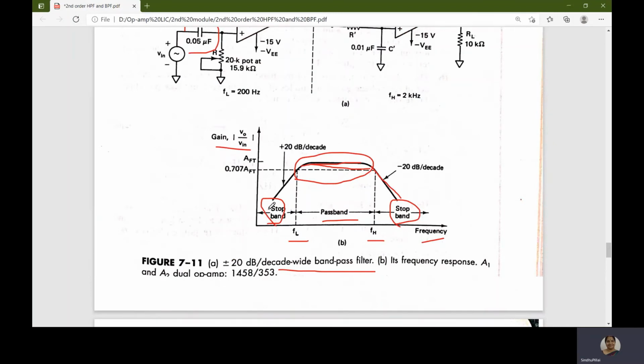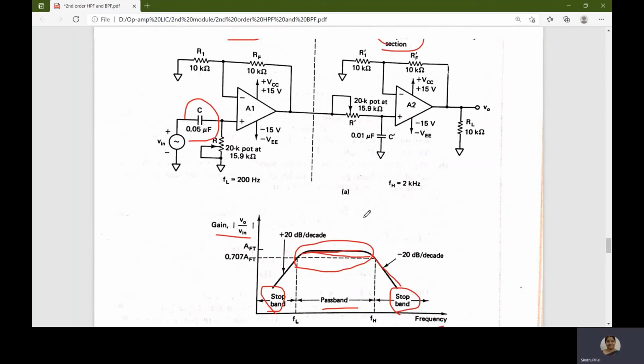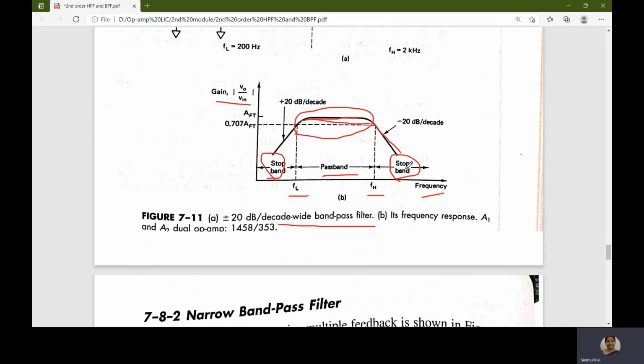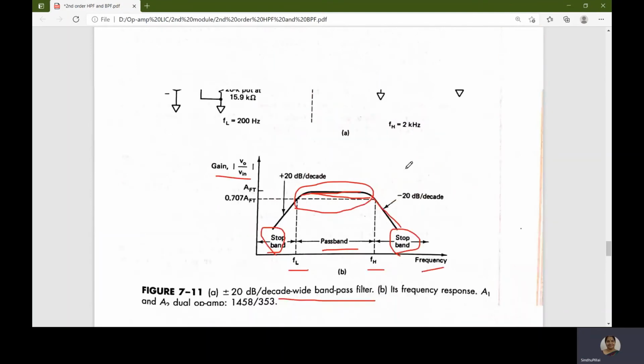The gain versus frequency response is shown here. And here, for the high pass the input is given to the capacitor, and the output from the amplifier A1 is given to the resistor R. This is a wide band pass and it has two op amps.